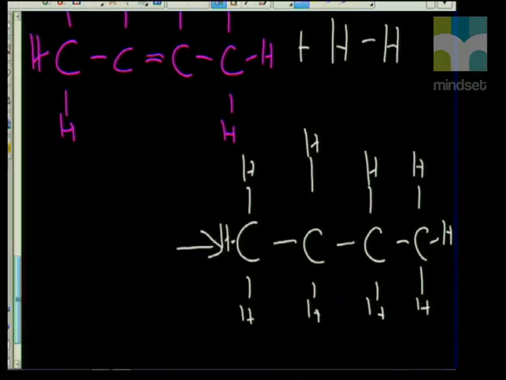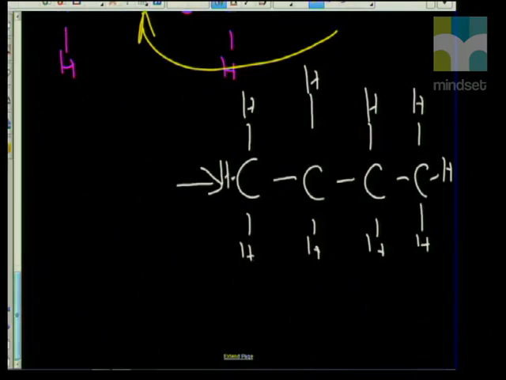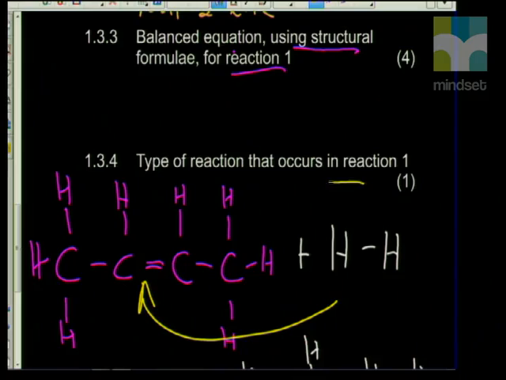And what's happened? If we were asked to explain it, the hydrogen has added in that position. So these 2 hydrogens were originally part of the gas, and they've added to the substance. We're asked what type of reaction occurred, and we could call it hydrogenation.